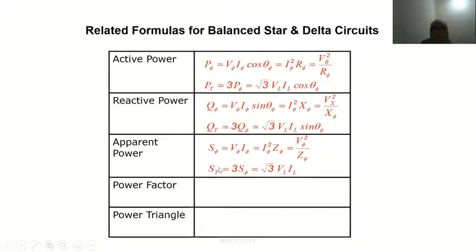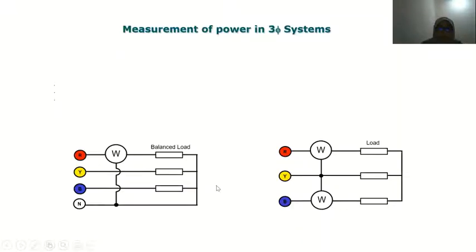Your S total, the total apparent power, is 3 times S single phase, or if you want to use VL and IL, square root 3 VL IL. The power factor is equivalent to P total divided by S total, or P phase divided by S phase. Your power triangle is S equals P total plus jQ total.